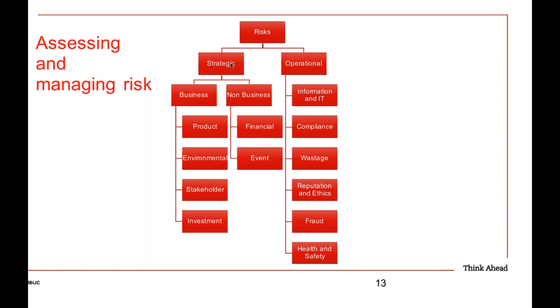But remember, even though they are being categorized into strategic and operational, if your operational risk were to materialize and you do not bother, this particular risk can become your financial risk. It can evolve, and once it's a financial risk, if you don't try to address it, it can become a strategic risk.